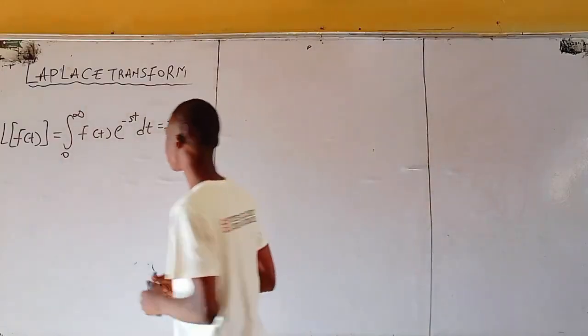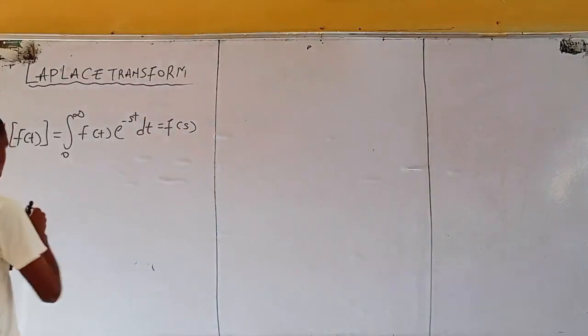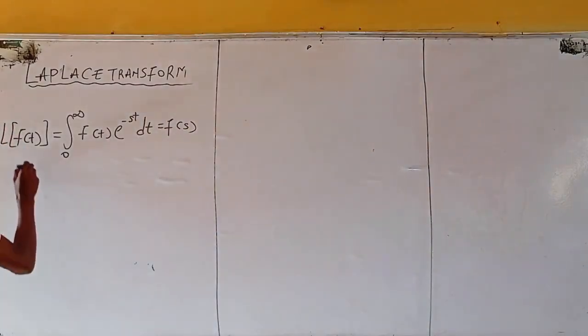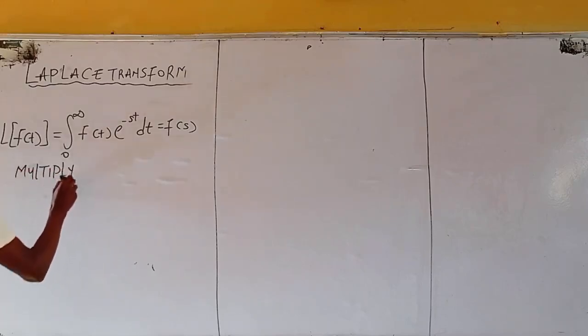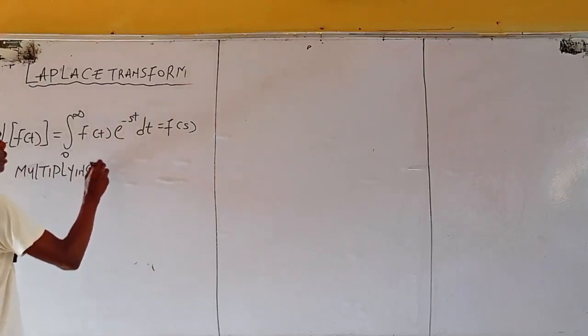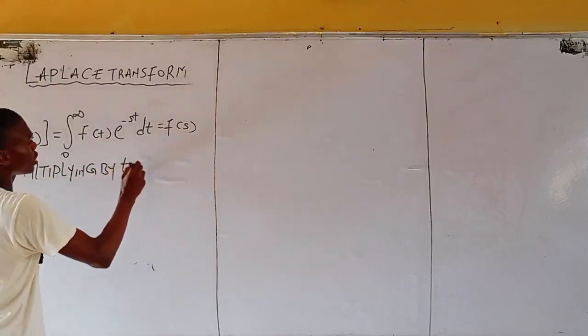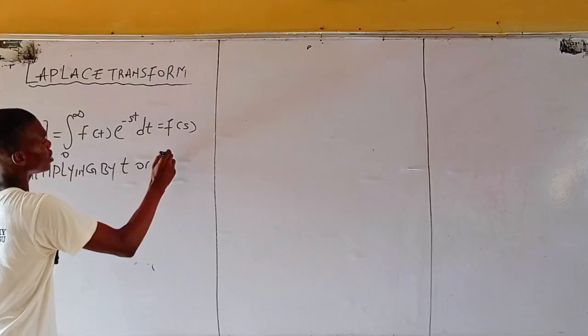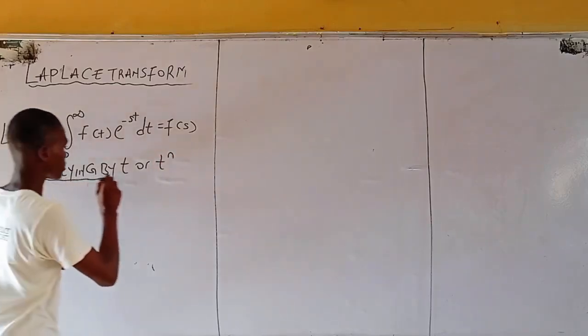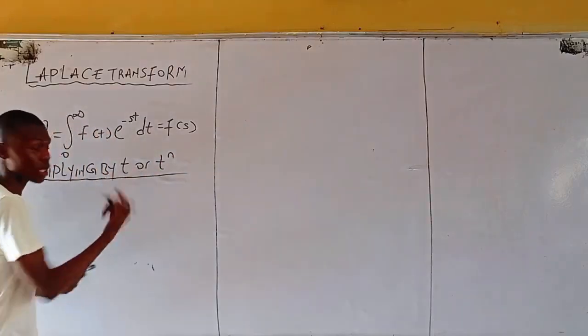Now, the second theorem is called multiplying by t, or t raised to the power of n. They are actually the same thing.